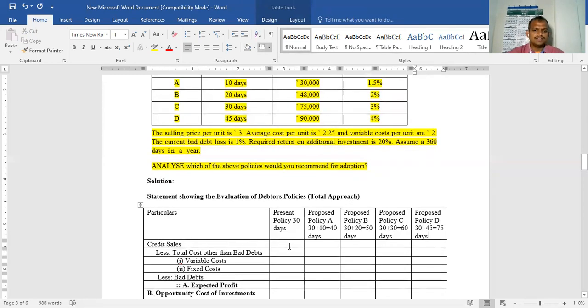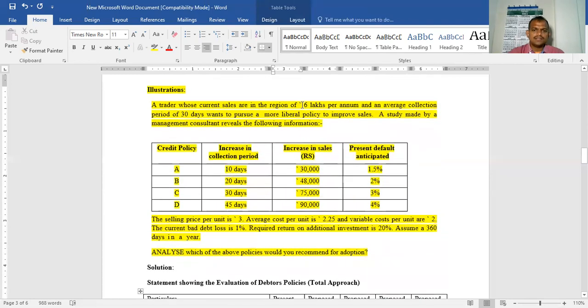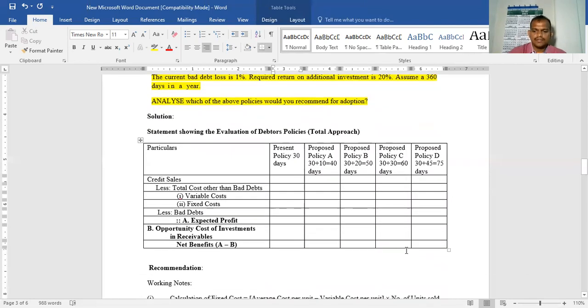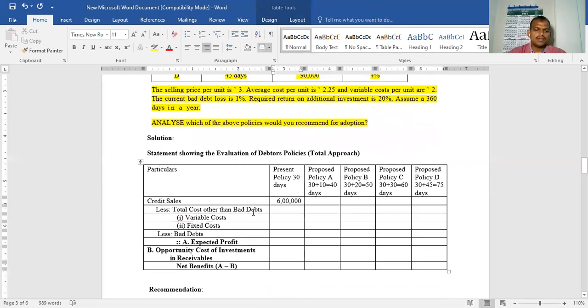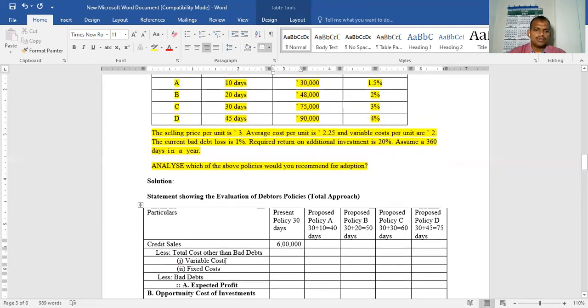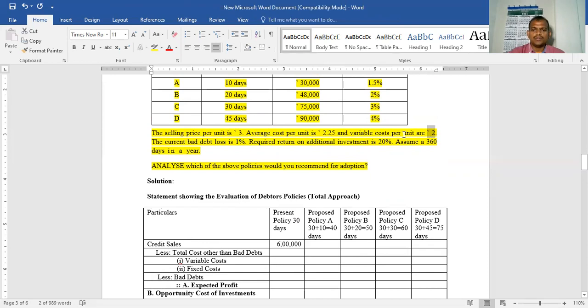Now credit sales. Here current sales are 6 lakhs. So total cost other than bad debts, variable cost and fixed cost, we have to calculate it. So variable cost is 2 rupees per unit, right?